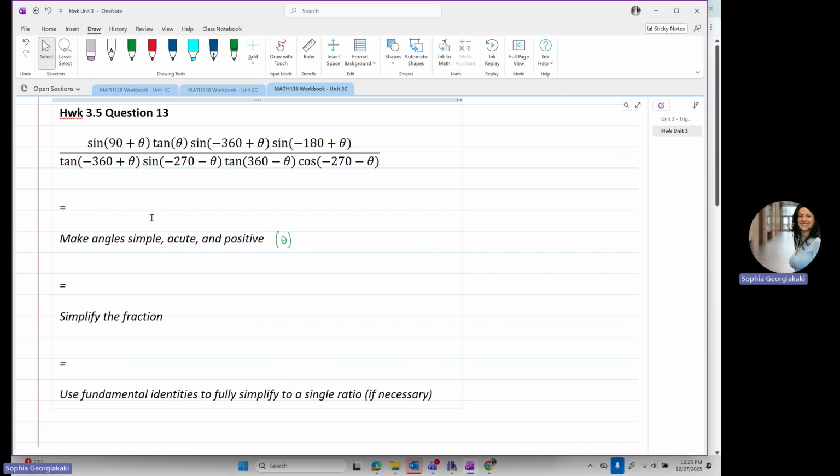So the most important thing here, we will do 3 steps. Step number 1 is to identify what angles we have.